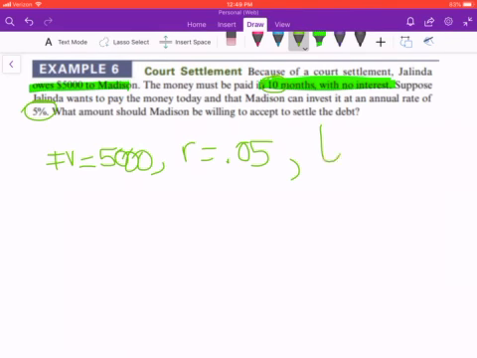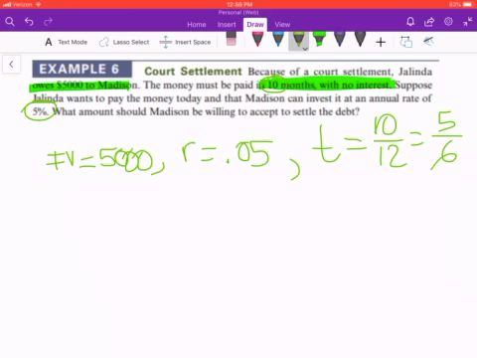So that would be 10 over 12 or 5 over 6. So suppose Jolinda wants to pay the money today and that Madison can invest it at an annual rate of 5%. What amount should Madison be willing to accept to settle the debt? So, okay, yeah, these are the two cases that I was referring to.